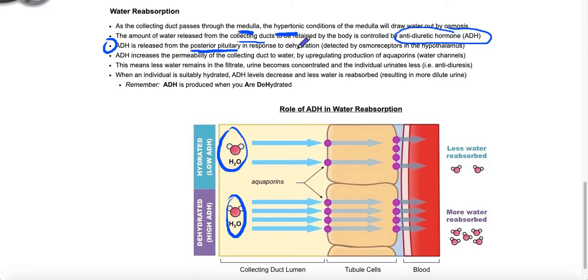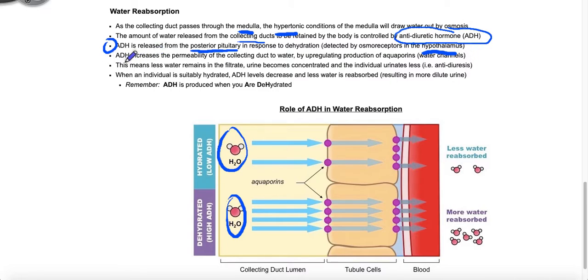And the posterior pituitary, once thought to be the master gland, we now know that it's not, right? Because the pituitary gland does what the hypothalamus says. So the pituitary gland is going to release ADH as a result of the hypothalamus osmoreceptors detecting that a person is dehydrated. Okay?